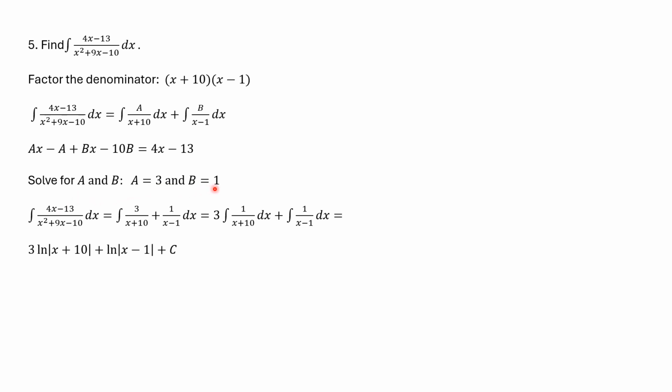A and b are going to be 3 and 1 respectively. So we're going to get 3 times the integral of 1 over x plus 10 dx plus 1 over x minus 1 dx, or 3 times the natural log of the absolute value of x plus 10 plus the log of the absolute value of x minus 1 plus c.